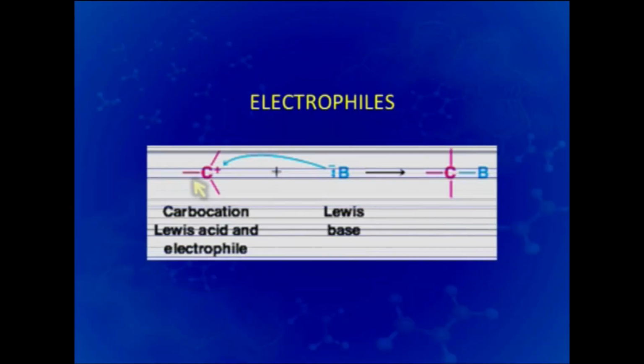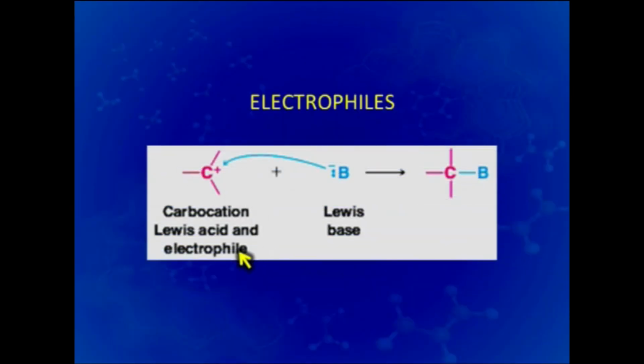As we can see in this particular reaction, a carbocation which is a Lewis acid and electrophile is attacked by a base, a Lewis base, or it could otherwise be a nucleophile also, which is an electron rich species, which will attack this positive center and form a bond.